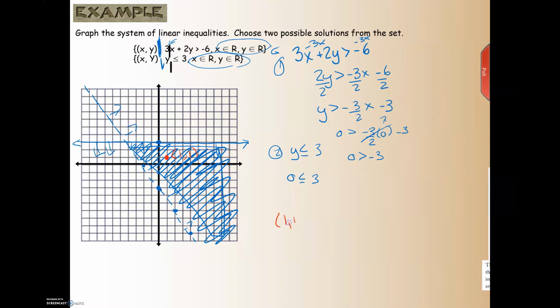So 1, 1 is a possible solution. This guy over here, which is 1, 2, 3, 4, 5, 6, is 6, -1. So any points that you choose could be possible solutions.